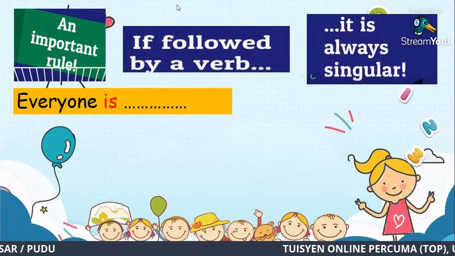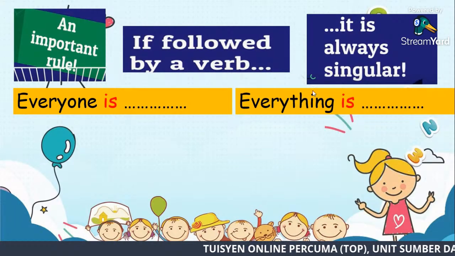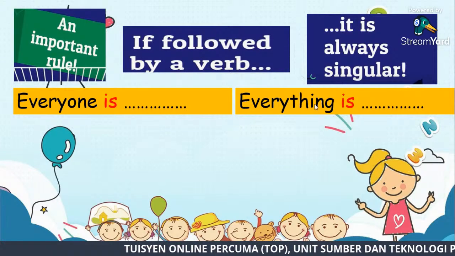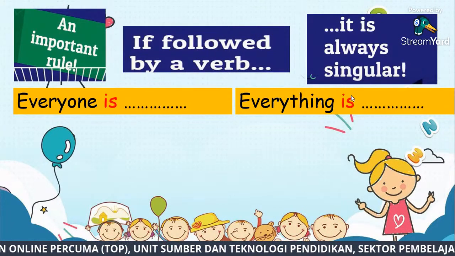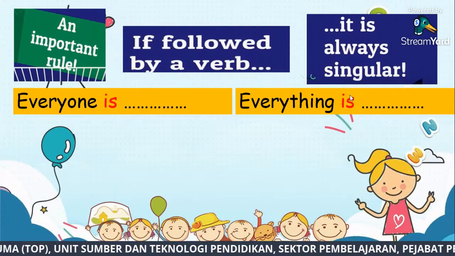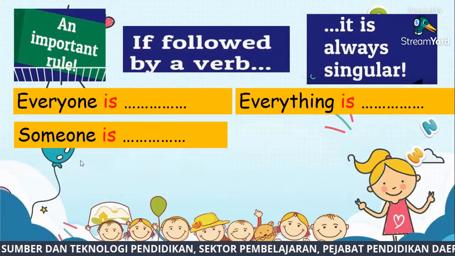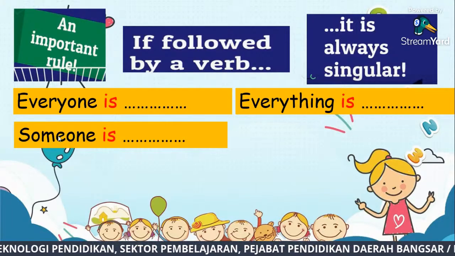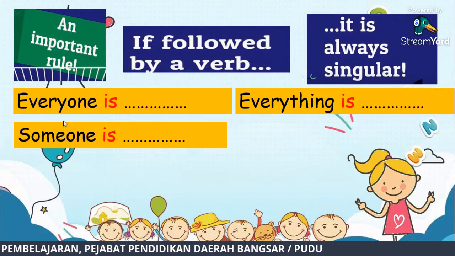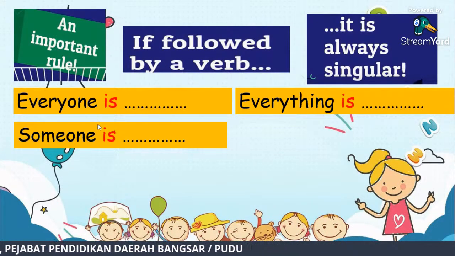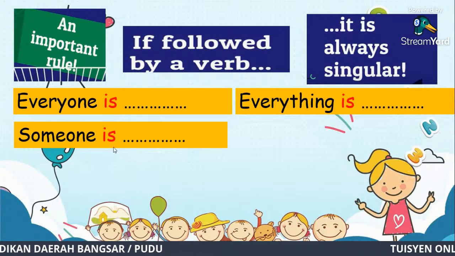Okay, clear? Now, followed by everything. Everything is also plural and we will be using is. Next is someone, which is referring to a person. That is also is.